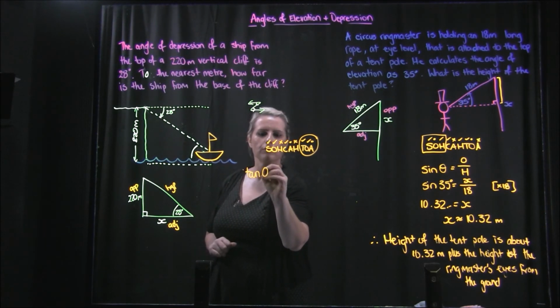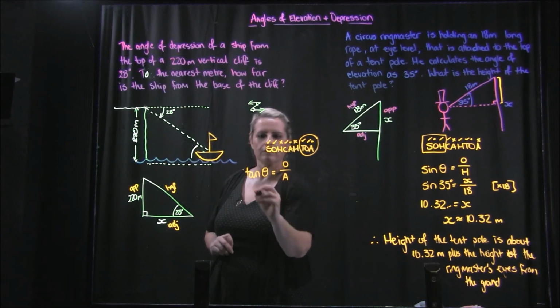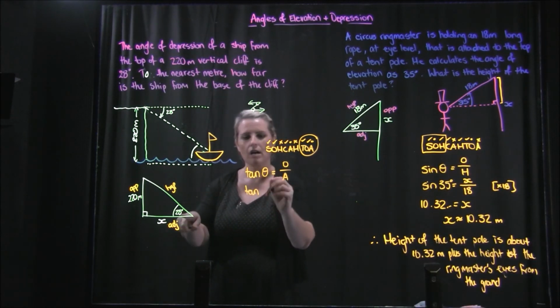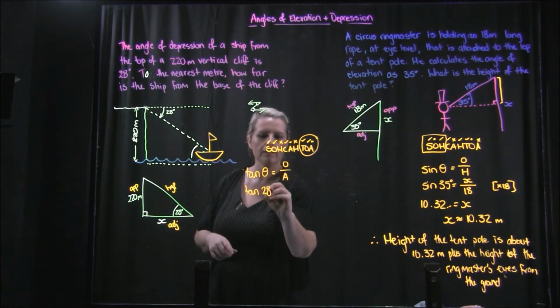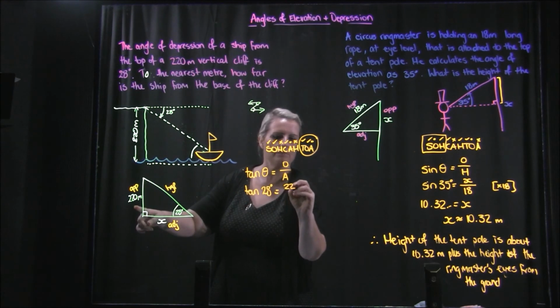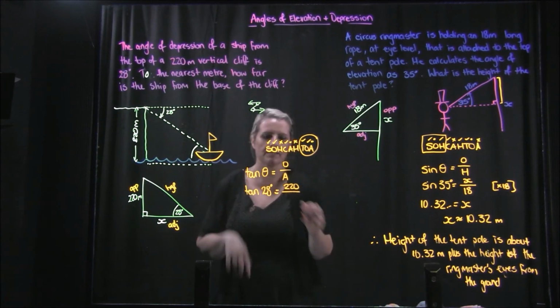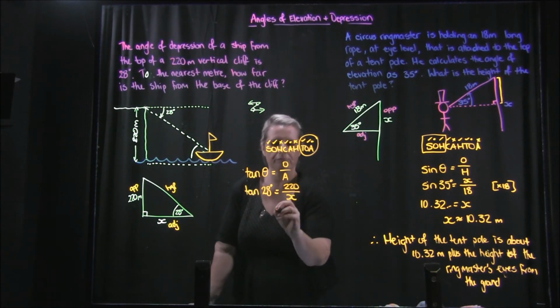So I write my rule: tan equals opposite over adjacent. I do have an angle, so I can sub in 28 degrees. My opposite is 220, but I don't know my adjacent, which in the diagram is labeled as x.